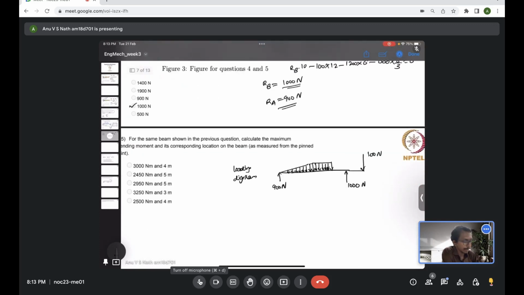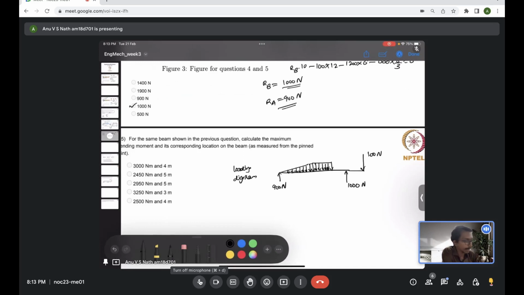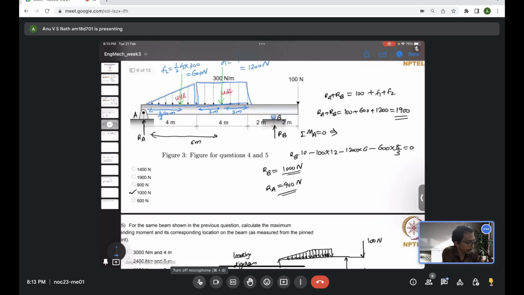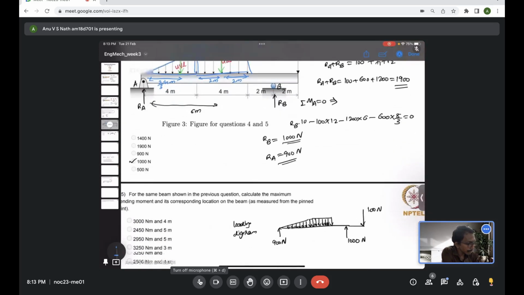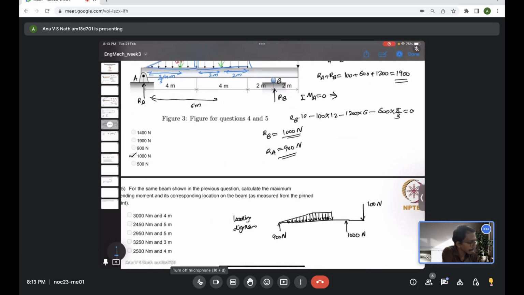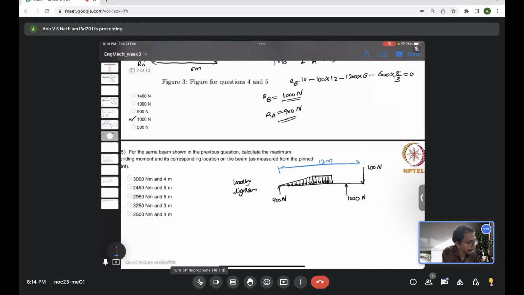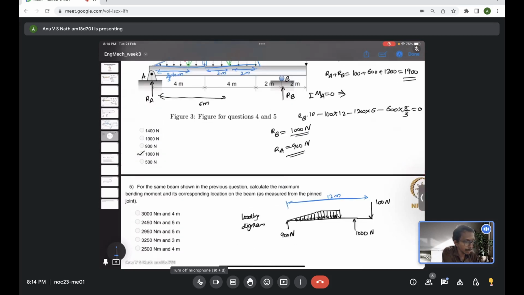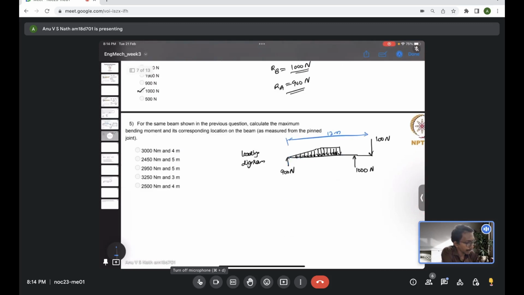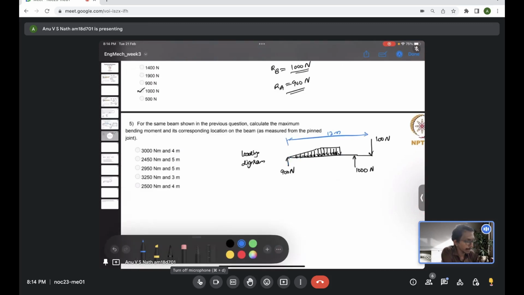So we'll start now by plotting the shear force diagram. Before that, let me mark the distances. This entire length is supposed to be 12 meters. In the question it is asked to find the distance as measured from the pinned joint, which is A. But I prefer to measure from the other direction, just for plotting the shear force and bending moment diagram.